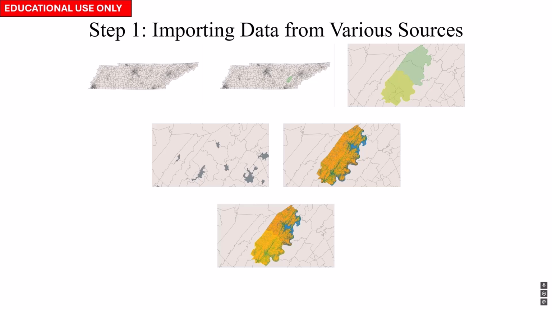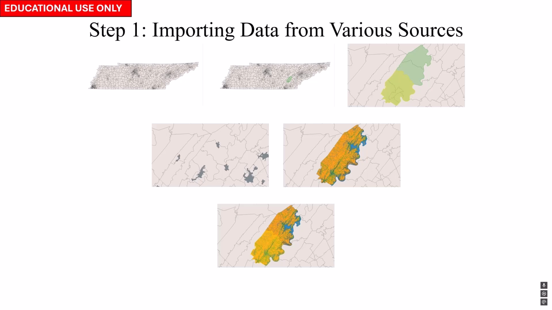Now, there is also in the middle left data from the Tennessee government website that is a mass list of Tennessee city boundaries. And then to the right of that is some FEMA National Flood Hazard Layer data for my county.